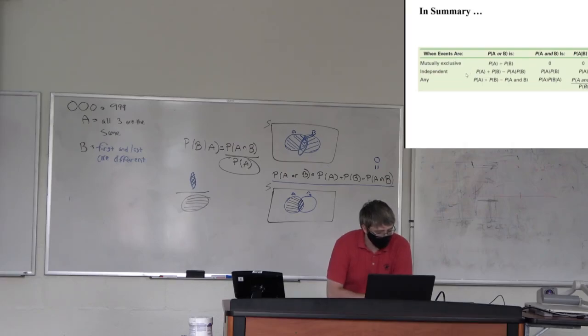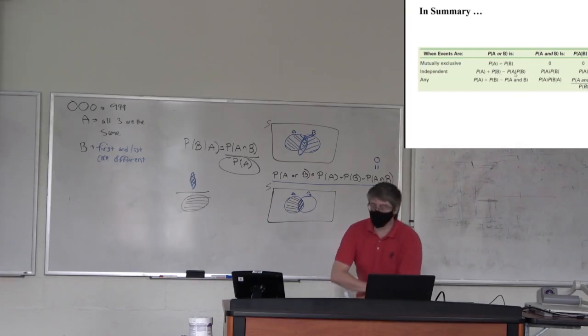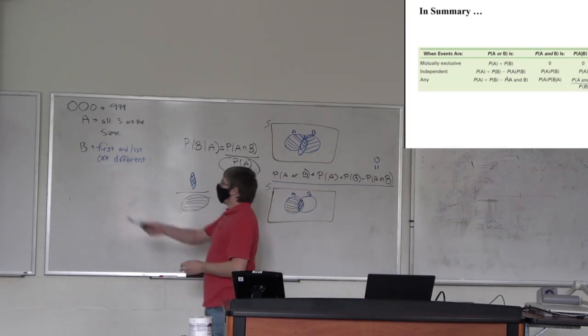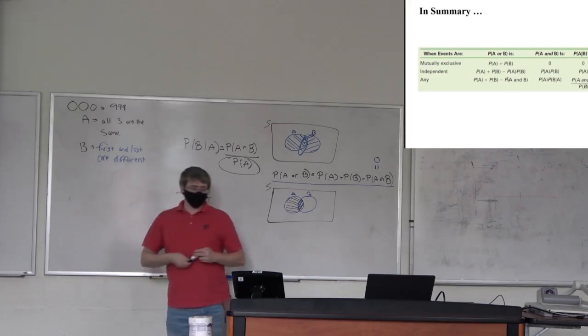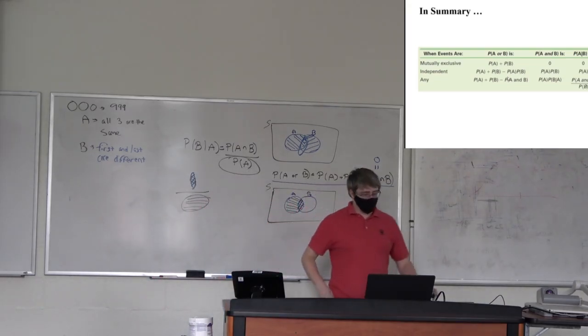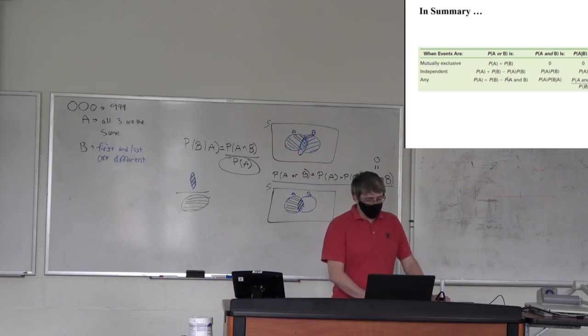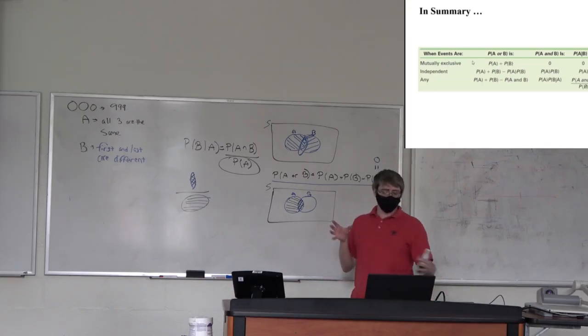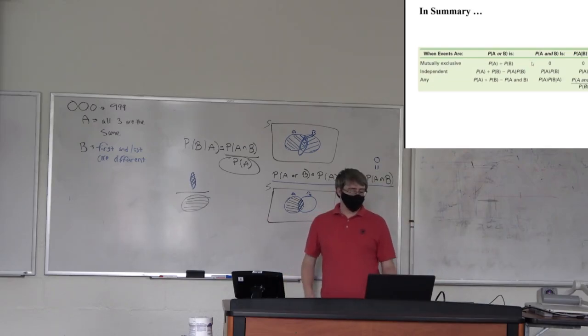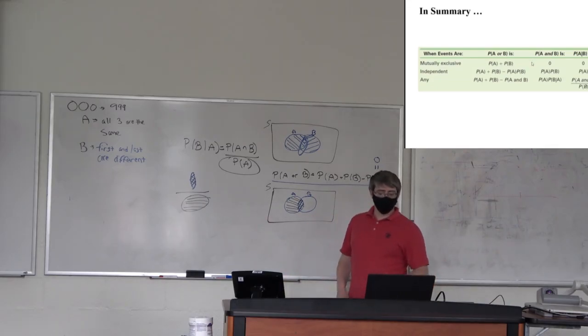And so you still need to have this multiplication between P of A and P of B for that portion of independence. When they're mutually exclusive, there's absolutely no common ground. But when they're independent, there could be common ground, but it would be P of A times P of B.